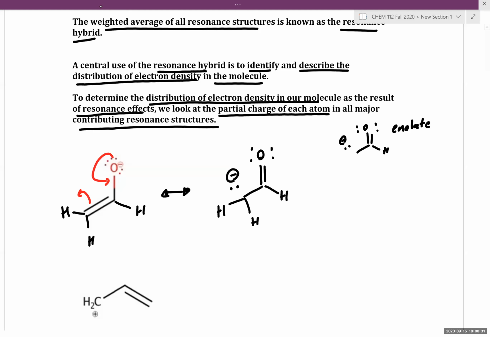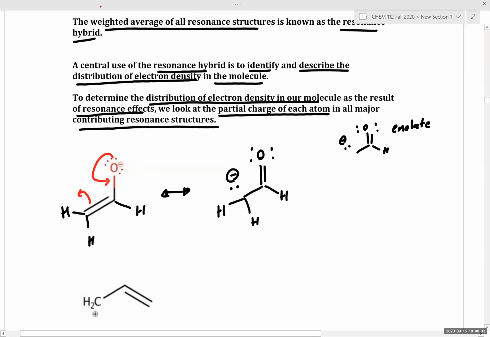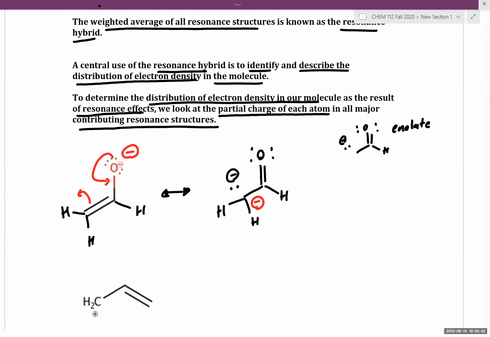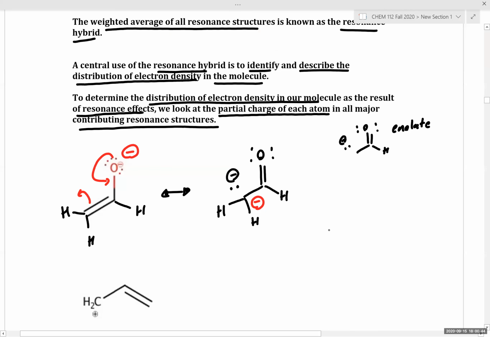As we notice, we have a negative charge on oxygen in our first resonance structure and a negative charge on carbon in our second resonance structure. So if we were to draw a resonance hybrid, we would say we have a negative charge distributed across our pi system.